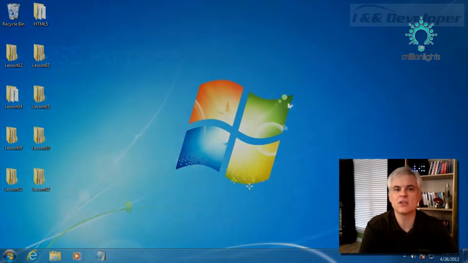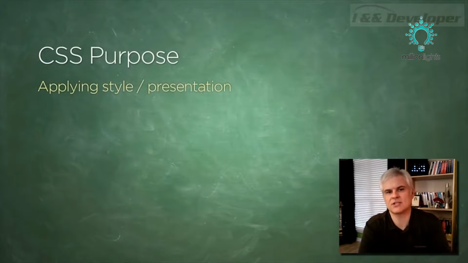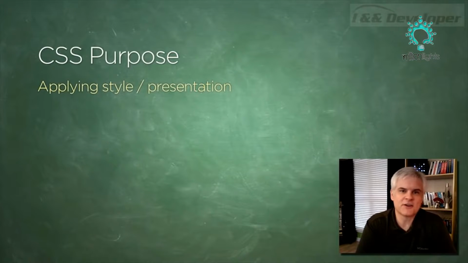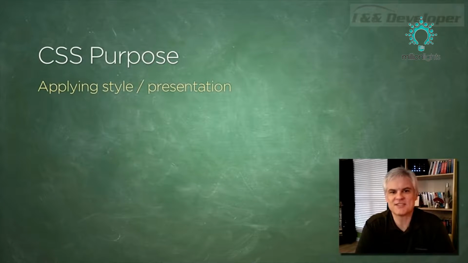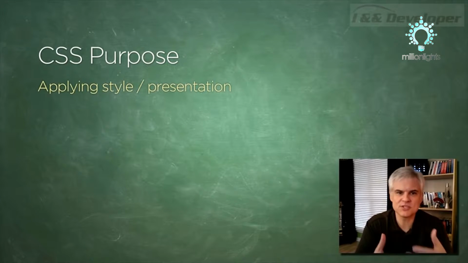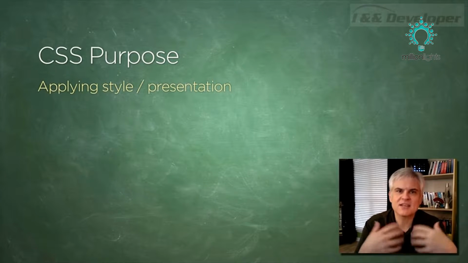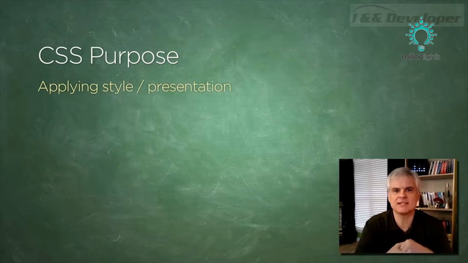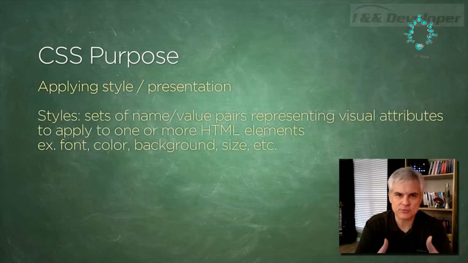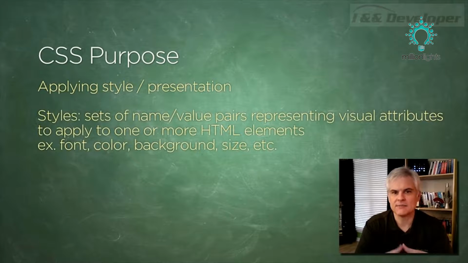Okay, so let's start at the beginning, the purpose of cascading style sheets. I've repeated it over and over up to this point in this series, so it shouldn't be much of a surprise. The purpose of CSS is to apply visual styles to the HTML5 code that you write and affect the presentation of the content. A style is simply a collection of name-value pairs representing a visual attribute of a given HTML5 element.